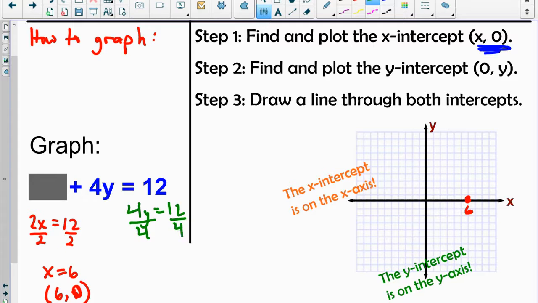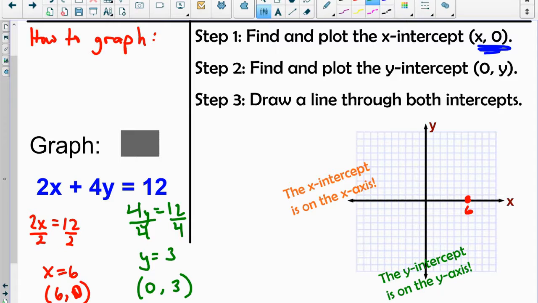I'm going to have to divide by 4 to get y by itself, and I get y equals 3. So when x was 0, y was 3. That's one solution to this equation. I can then plot that y-intercept on the y-axis at 0, 3.